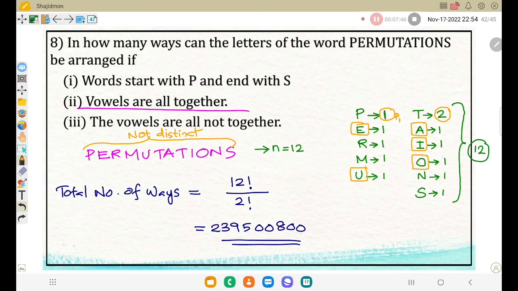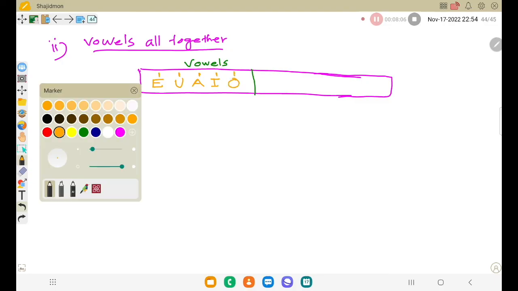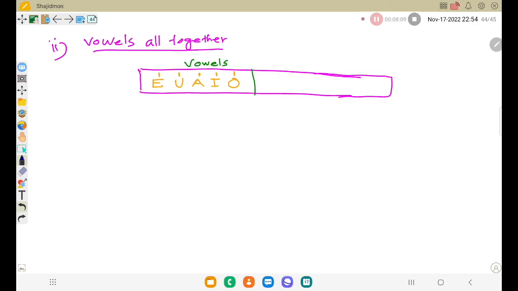So I can write that in the first box. Okay. So E letter 1, U letter one time, A letter one time, I letter one time, O letter coming one time, correct? Remaining letters we can write in this second box for better understanding. What are the remaining?